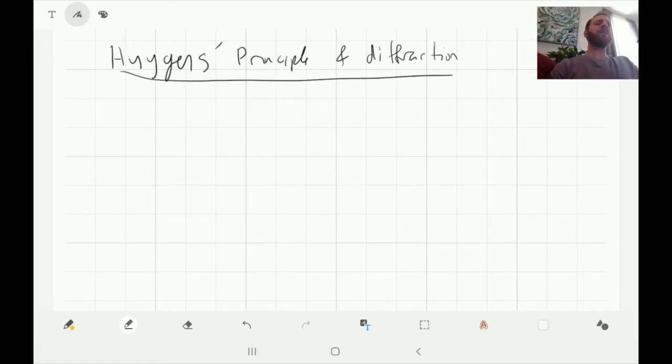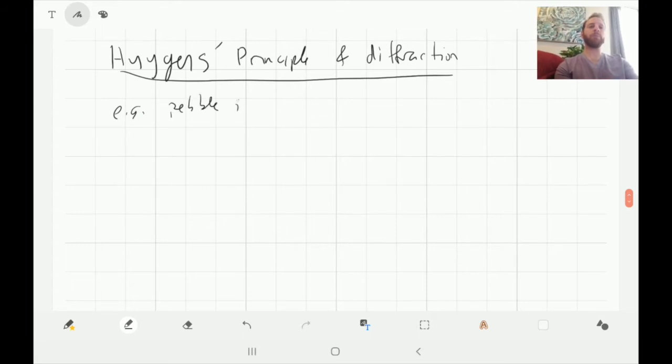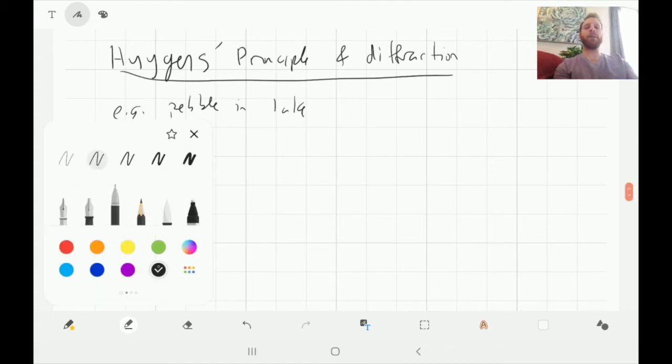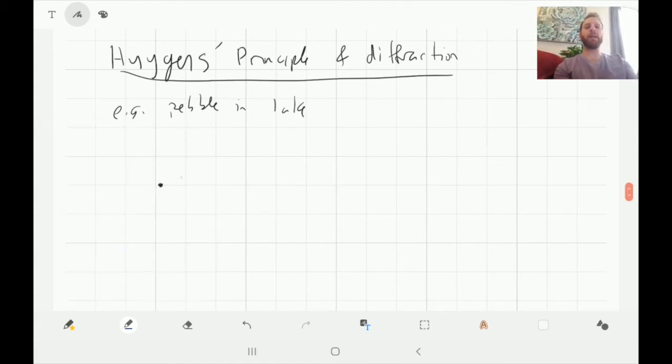So maybe we want to have some particular example in mind, like what happens when you take a pebble and throw it into a lake, and you get these rippling waves that spread out. So for example, a pebble in a lake, and it might start here, and then you get these water waves that start spreading outward.